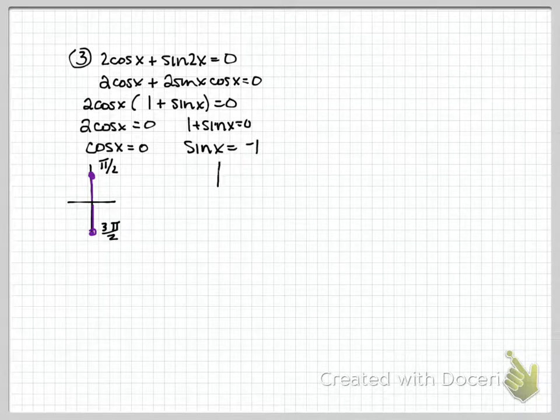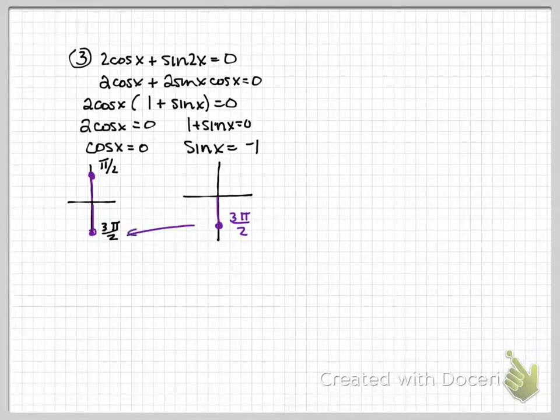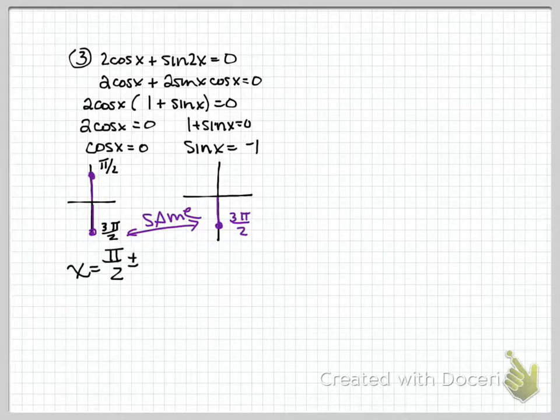Well, where sine is equal to negative 1 also happens to be at 3 pi over 2. So these two solutions are the same, which makes it really easy to write our final solution. Based upon where cosine of x is equal to 0, I know that x has to be equal to pi over 2 plus or minus, and the distance between these is just pi n. So that's going to include all of our solutions.